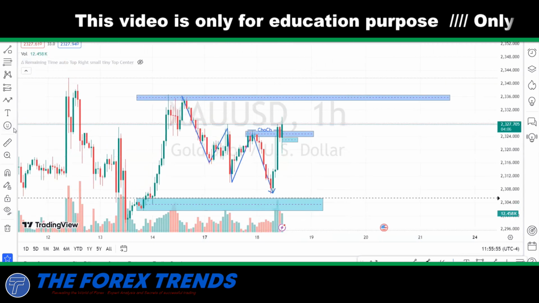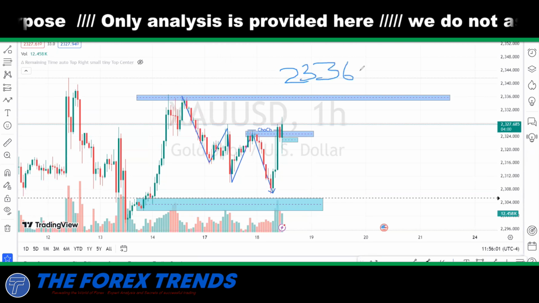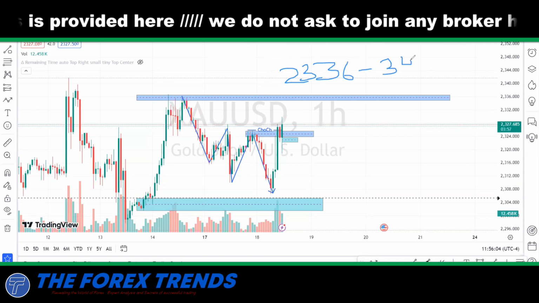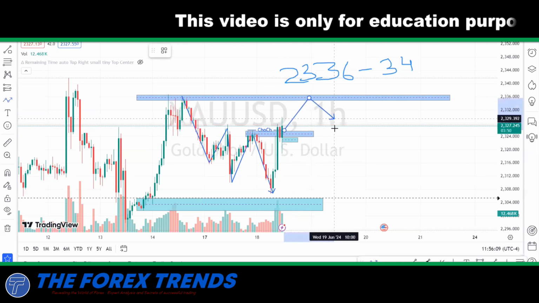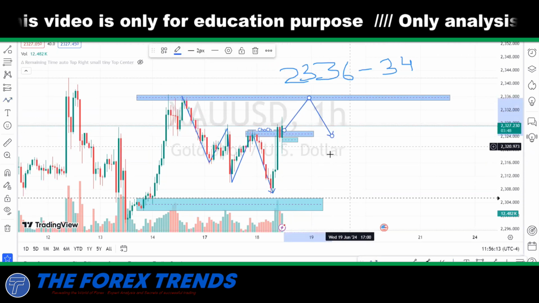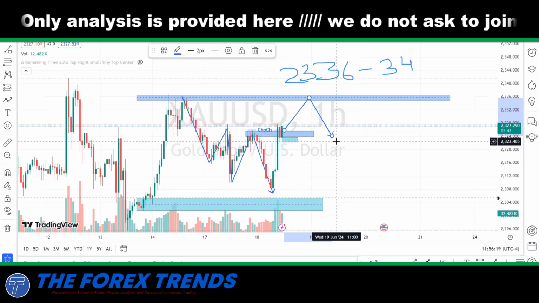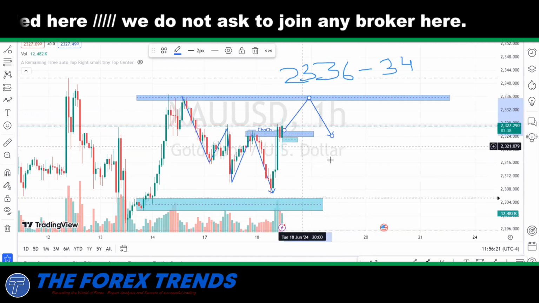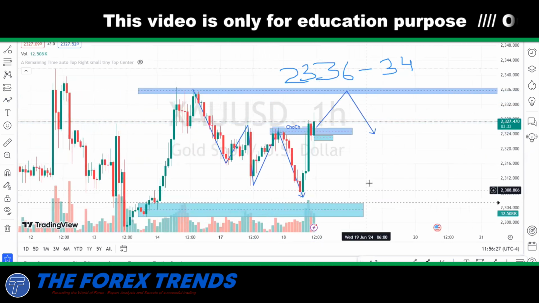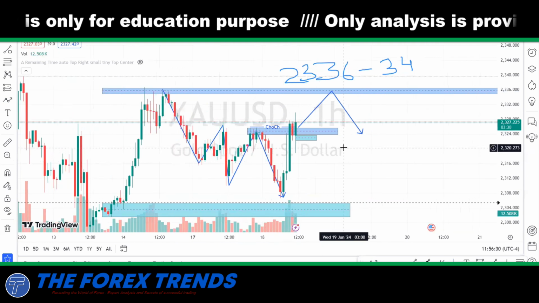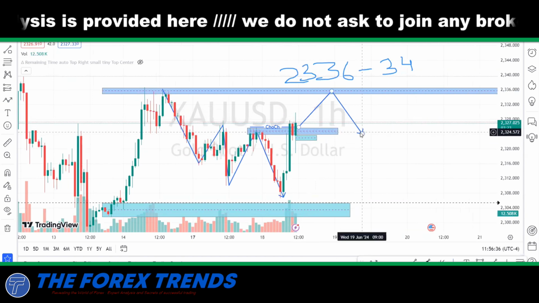If we get the price at 2336 to 2334, we may initiate a sell from here for small profit with a small SL. Our SL will be 20 to 30 pips and profit will be 50 to 80 pips. As tomorrow we have a bank holiday in the US, that's why we'll initiate trades for small profit with small SL. This is our third trade setup for tomorrow.